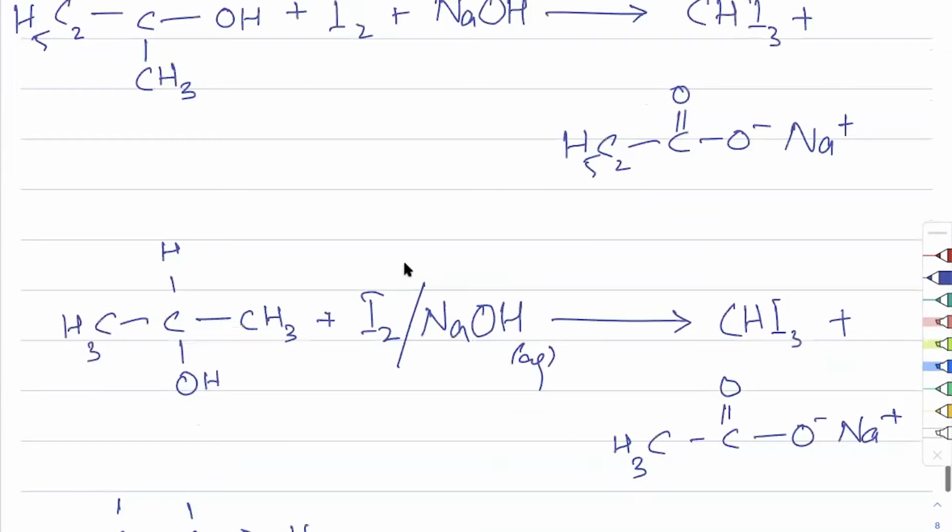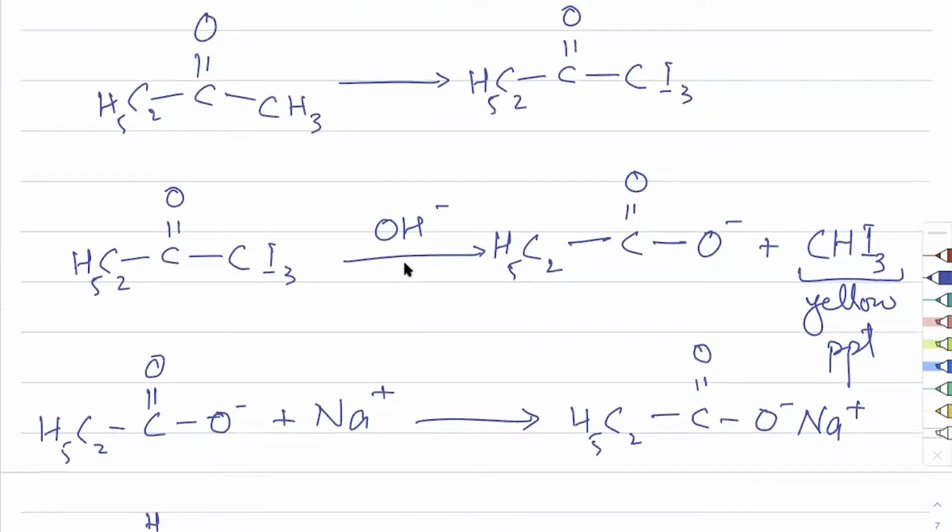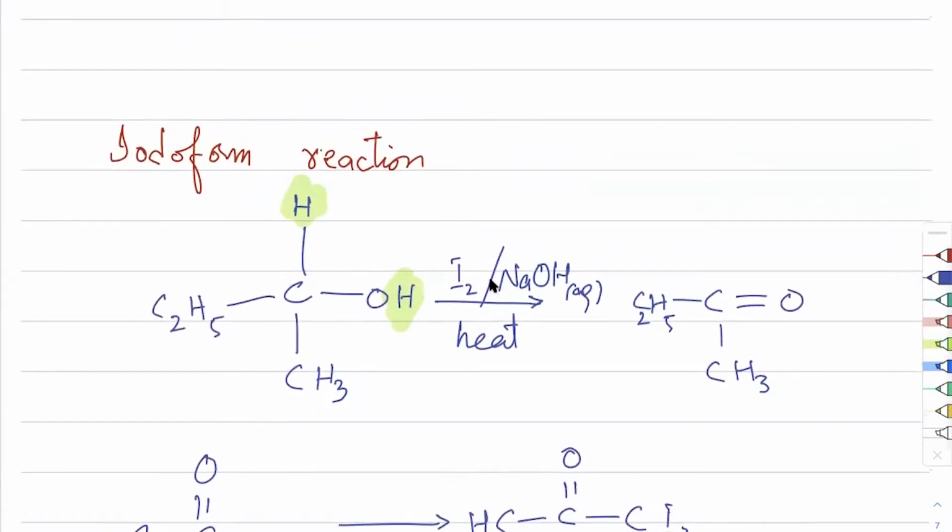Okay, so that is the iodoform reaction. Let's look at iodoform again. The iodoform reaction is when you have OH on the same carbon as a methyl, and that is when a yellow precipitate of triiodomethane forms, and that basically tells me that you have a carbon with a methyl group as well as an alcohol. So it's telling me that you have a secondary carbon or ethanol, because I can't think of any other.